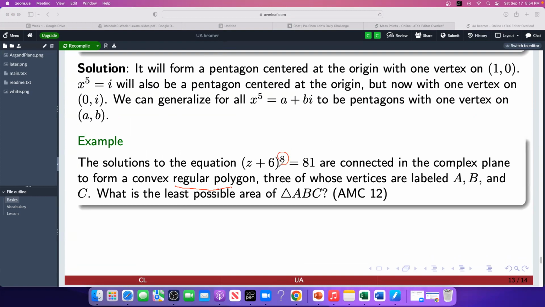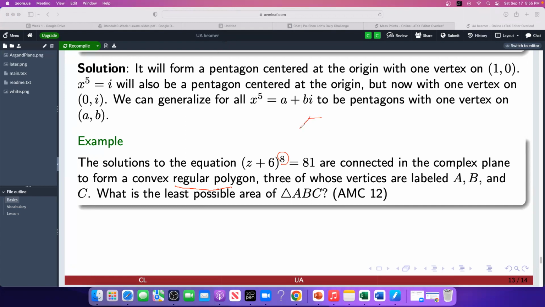Honestly, you just have to look at the power. Yeah, Grace is right. It's an octagon. This is also a late AMC question, so it's 20-something. It creates an octagon. So let's draw an octagon.